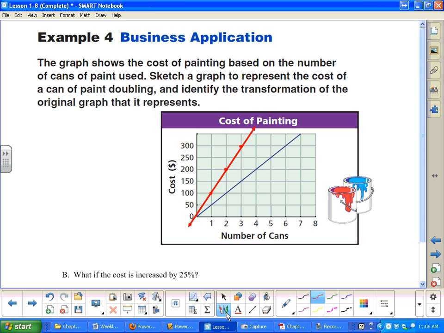Okay, so we double it. Cost, you're going to multiply y values by 2.